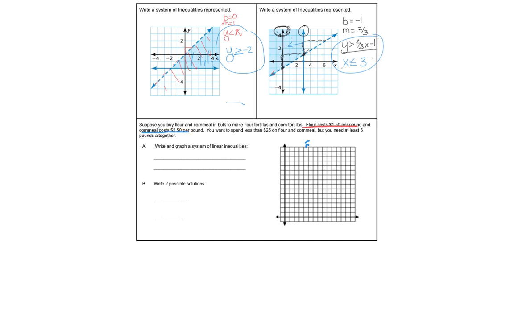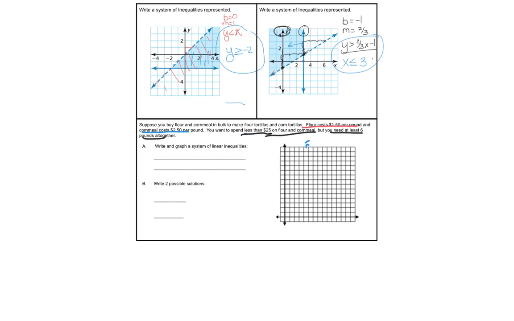You want to spend less than $25 on both of them, but you need at least 6 pounds altogether. So we got two things going on here: money, the amount of money we're going to spend, and the amount in pounds that we're going to buy. Okay, so let's look at the money first.